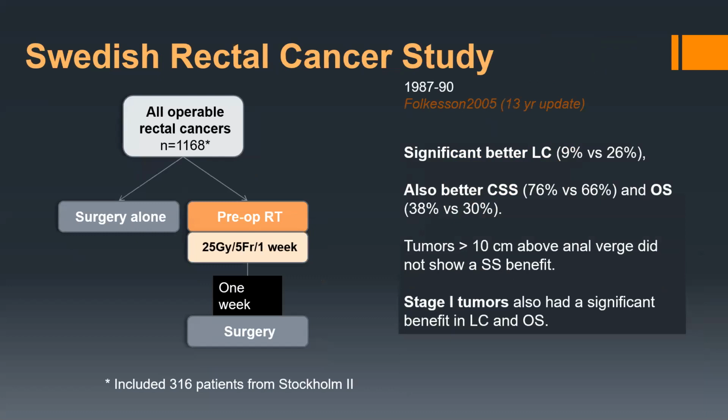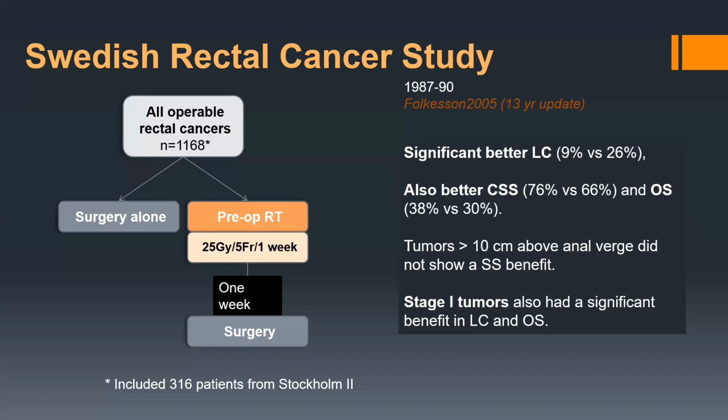Parallel to this, the Swedish rectal cancer study, which was a bigger study of 1,168 patients, also had the same design. This was in the later part of the 1980s, and a 13-year update was published in 2005. Again, it showed significantly better local control, better cause-specific survival, and overall survival.